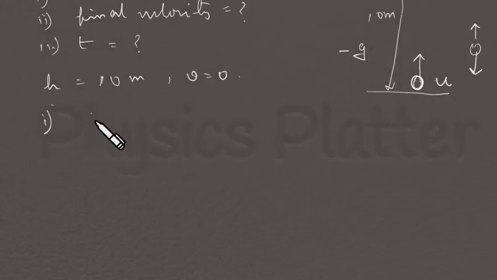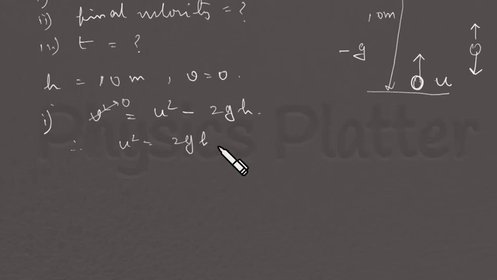The third equation is v square equals u square. Here, because the body is decelerating, we apply the minus 2gh. Therefore v is 0 here, so it becomes u square equals 2gh, which gives u equals root over 2gh.